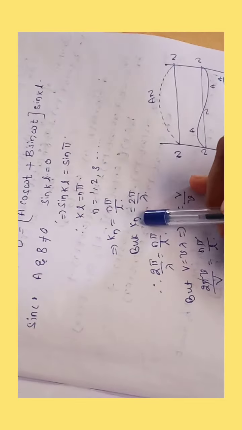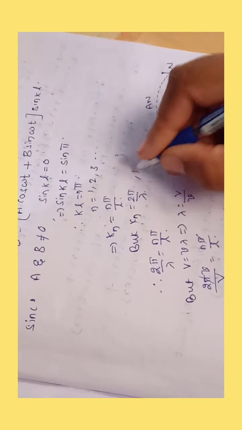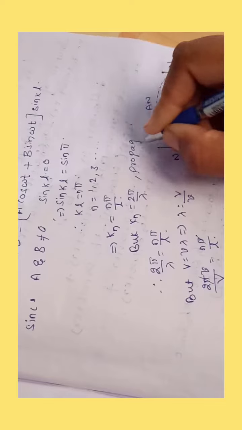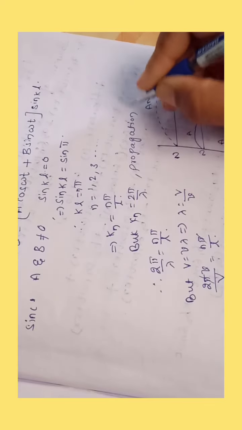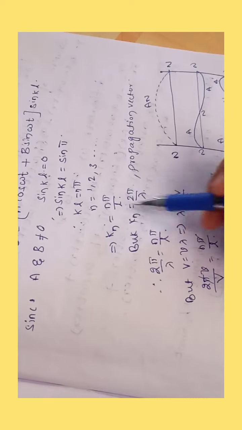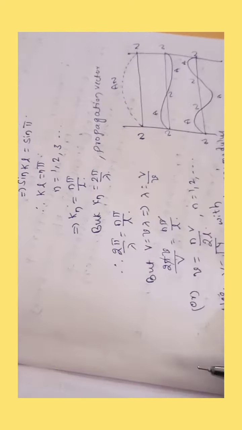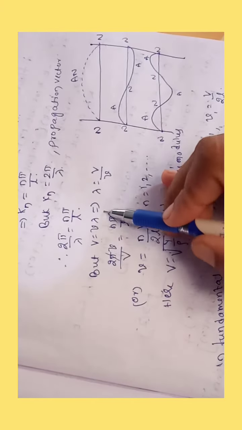But kn is nothing but the propagation vector, and the value of the propagation vector is nothing but 2 pi by lambda. So substituting that, we get 2 pi by lambda equal to n pi by L. But we know that the relation between velocity, frequency and wavelength is v equal to nu lambda.